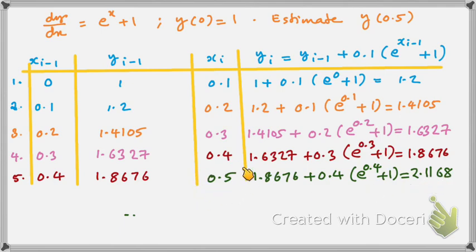So which means when my xi value is 0.5, the corresponding yi value is 2.1168. What does that mean? When x is 0.5, the corresponding y value on the solution curve is 2.1168, which means f of 0.5 is equal to 2.1168.